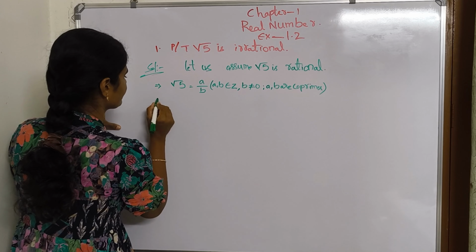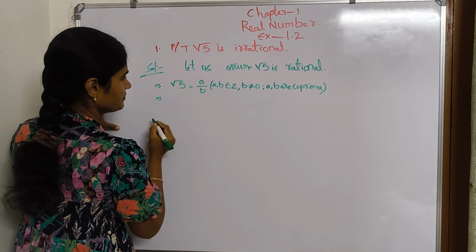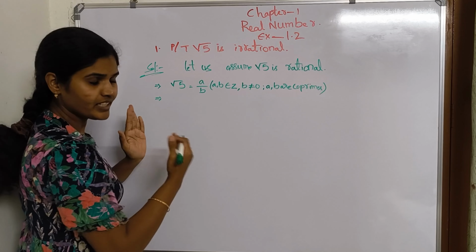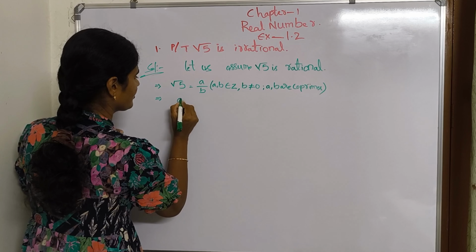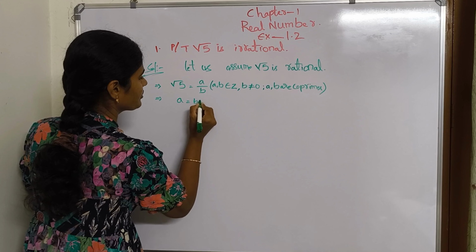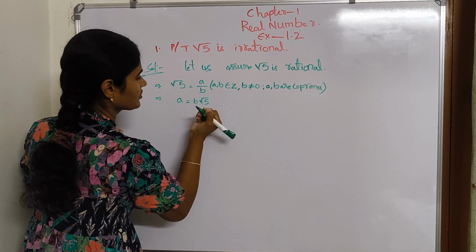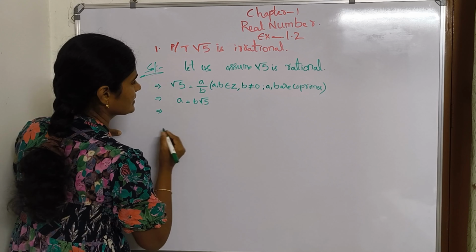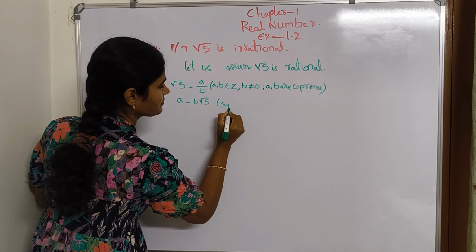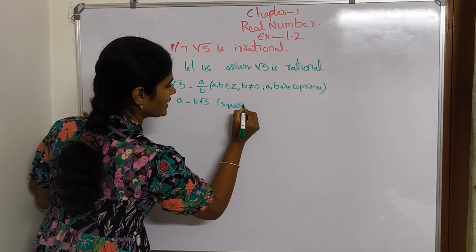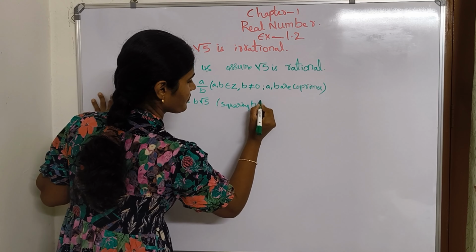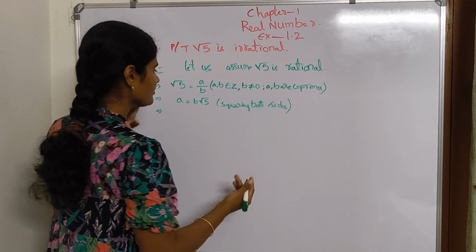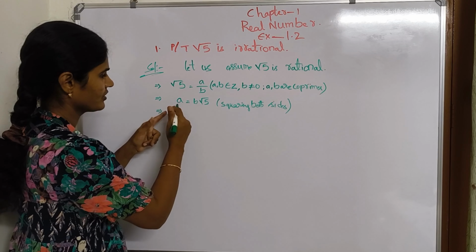For that, what comes? Taking b to the left side, a equal to b into root 5. That implies, squaring both sides. For getting the result, we do all this process.